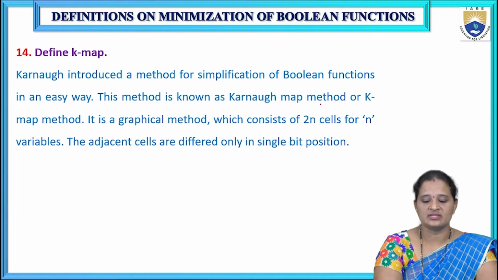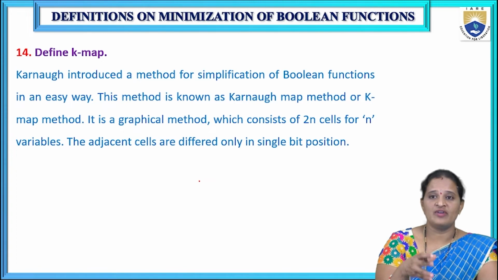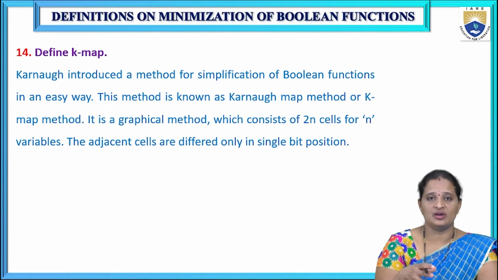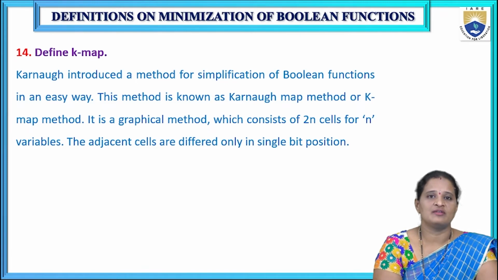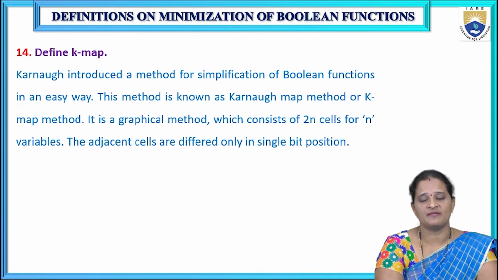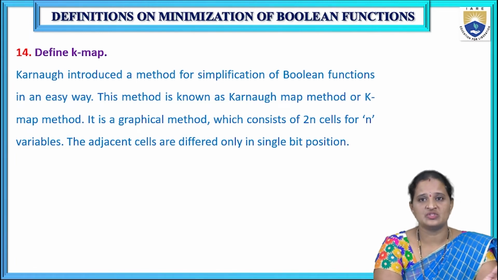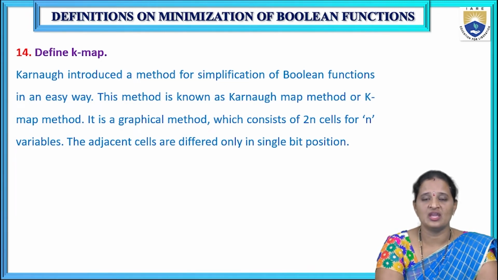This method is known as the Karnaugh map method or K-map method, and it contains 2 power n cells, where n is the number of variables of a given Boolean function. So we can define the K-map as a graphical method of simplifying a Boolean function, introduced by Karnaugh, which includes 2 power n cells where n is the number of variables in the given function.